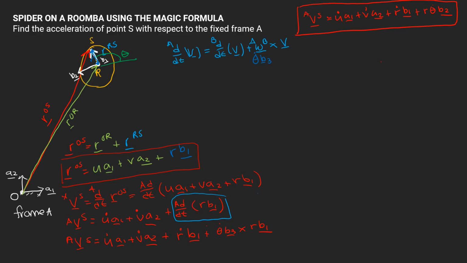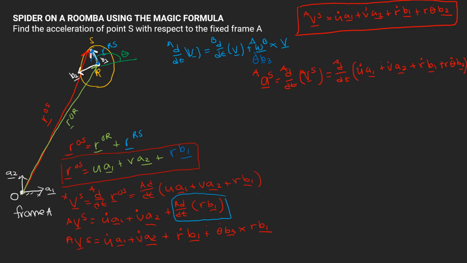Okay, so final step to get the acceleration of point S in frame A. We need to again take the time derivative of our velocity vector in frame A. So that's d/dt in frame A of u dot a1 plus v dot a2 plus r dot b1 plus r theta dot b2.